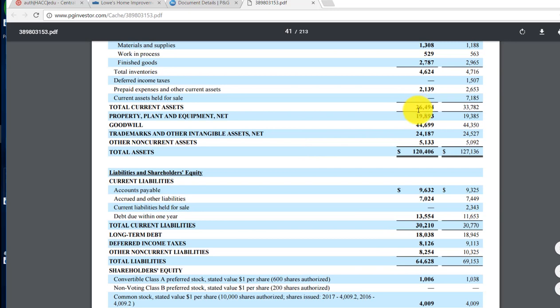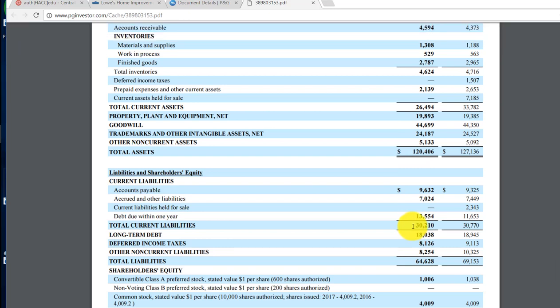So the current ratio is, as you've reviewed before, current assets divided by current liabilities. And that's why it's important that we differentiate what is current and what is long-term so that we can calculate that ratio. Now, a little bit about debt due within 1 year.